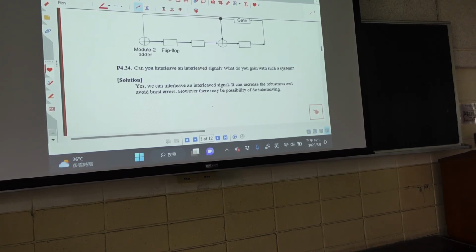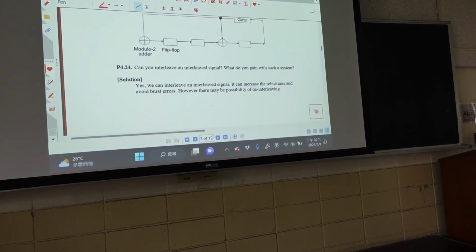That's why group 3 reminded us to avoid applying interleaving again, so that we don't have any effect of interleaving. If we can avoid this, we can increase robustness for sure. Okay, that's it. This is the discussion for the group discussion problems.